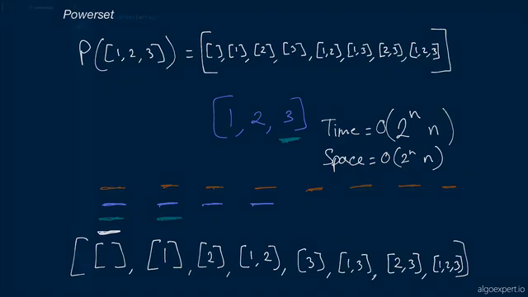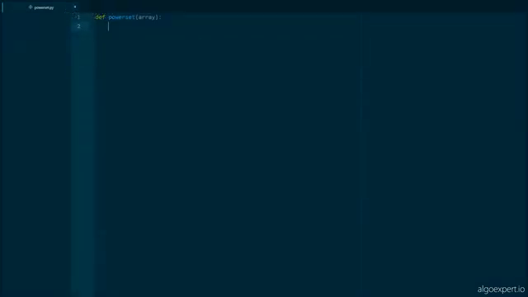All right, so we've got our power set function defined. It takes in an array. And the first thing we're going to want to do, for the iterative solution at least, is to declare our subsets array. And as we mentioned in the conceptual overview, we can initialize this subsets array to hold just the empty set, or the empty array, because we know that's going to be in the power set of any array that we might be given.